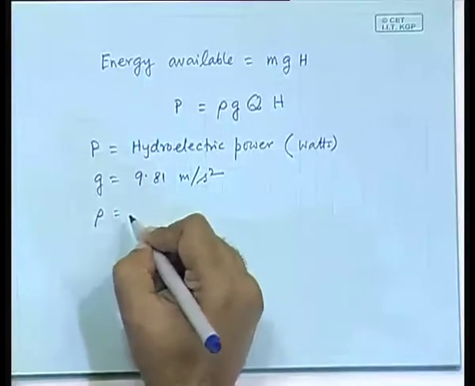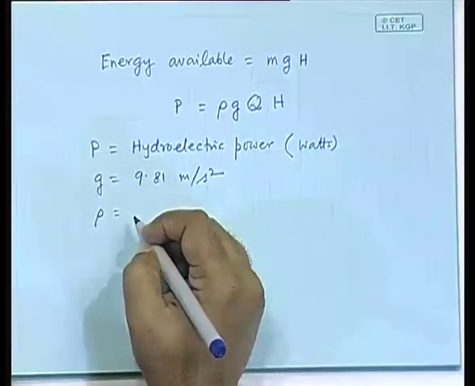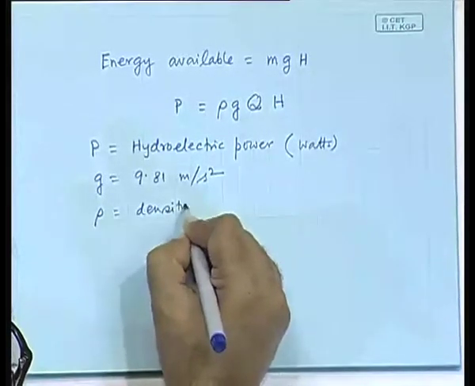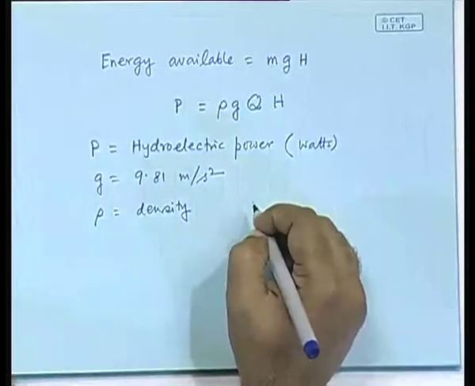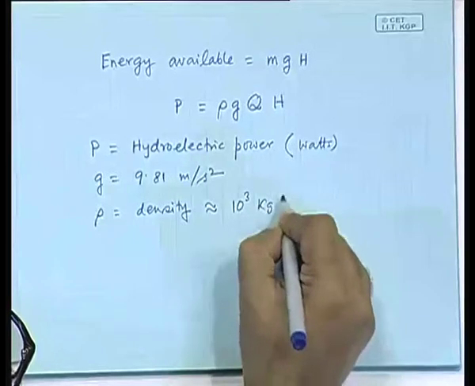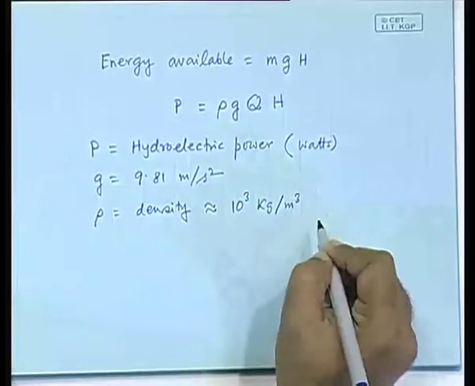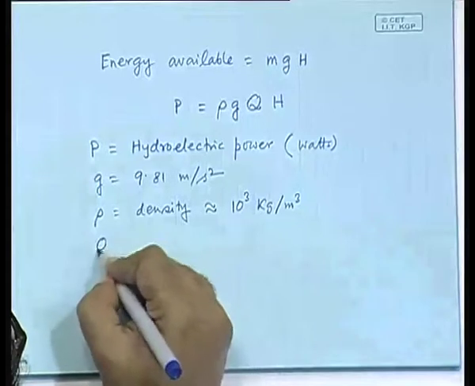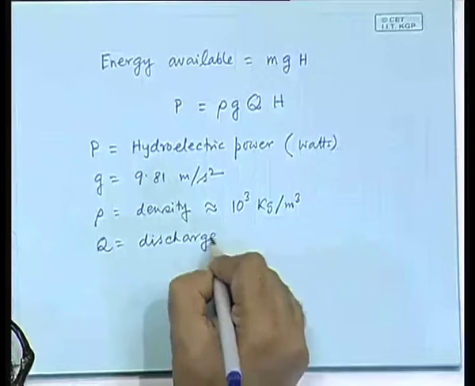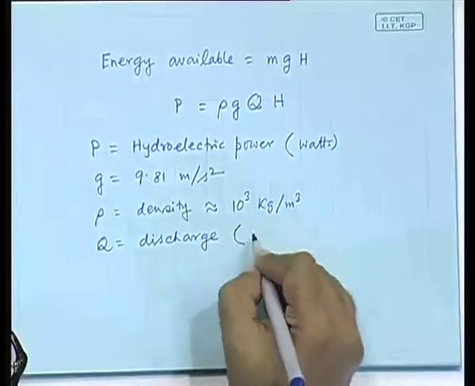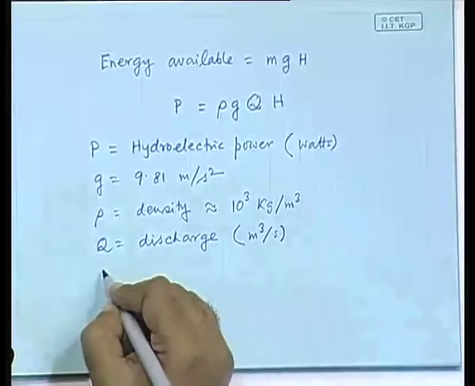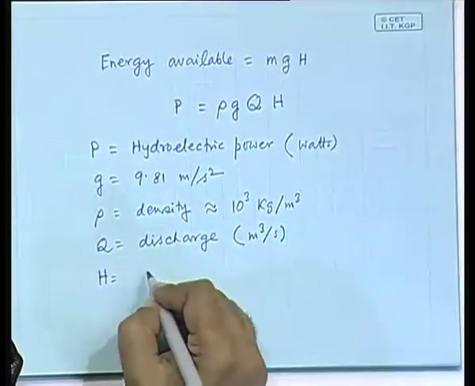Rho is the density of water. Q is the discharge, it is m cube per second, right, and you have the H, which is the head.